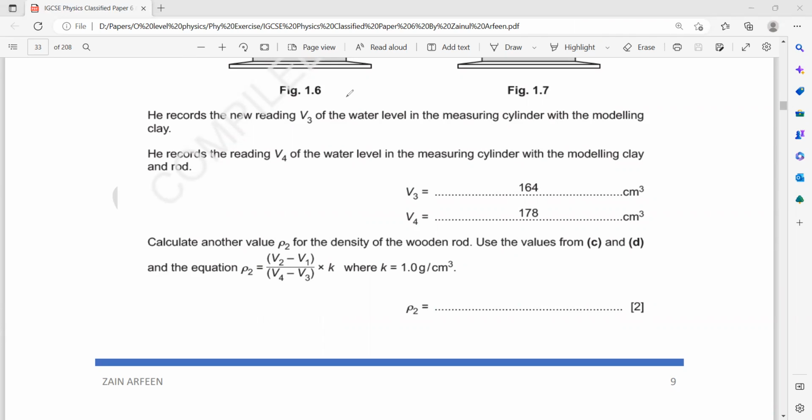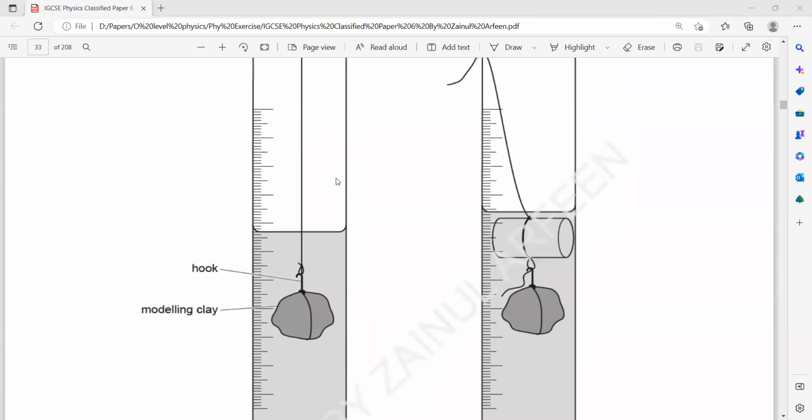Modeling clay can be any object. What is the purpose of using this modeling clay? Say you have a measuring cylinder filled with water and you want to work out the volume of the wooden object. That wooden object will float, so it won't be accurate. It should be completely submerged.